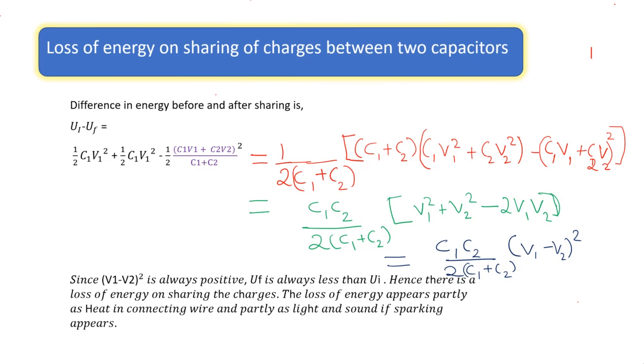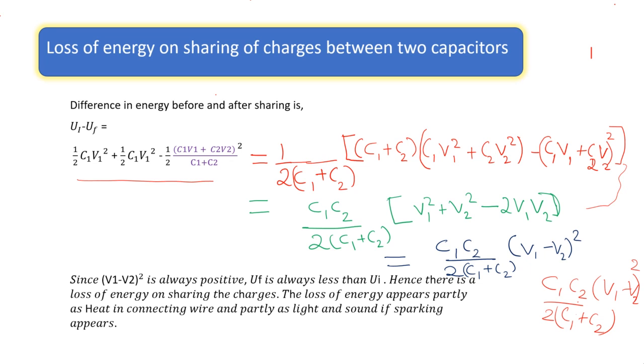The difference in the energy before and after sharing is Ui minus Uf, and that is given by this expression. If you do all the necessary arithmetic or algebra, you will find that the final expression is C1 C2 divided by 2 into C1 plus C2, into V1 minus V2 whole square.